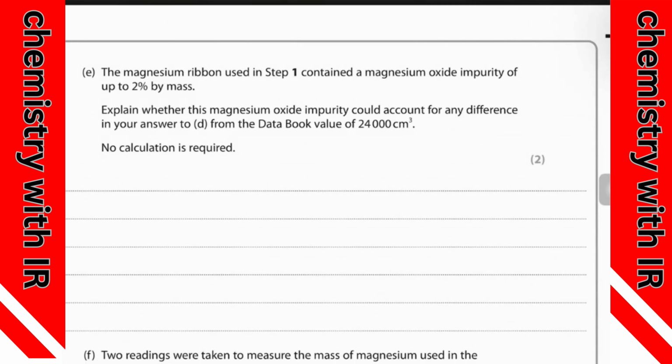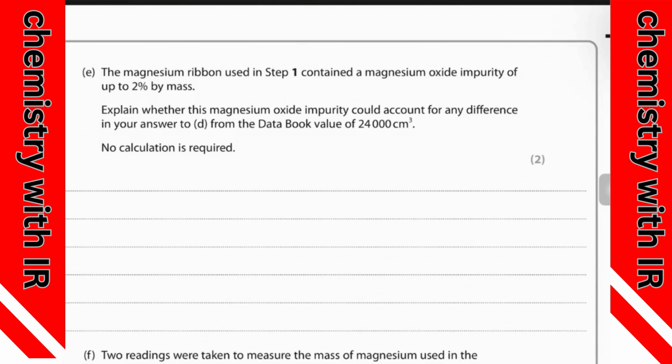Of course, the moles of hydrogen would be very high, because they are saying whether this magnesium oxide impurity could account for any difference. If you don't have any impurity, then when you calculate the moles of magnesium, the mass would be lower. When the mass is lower, of course the moles of magnesium would be lower.